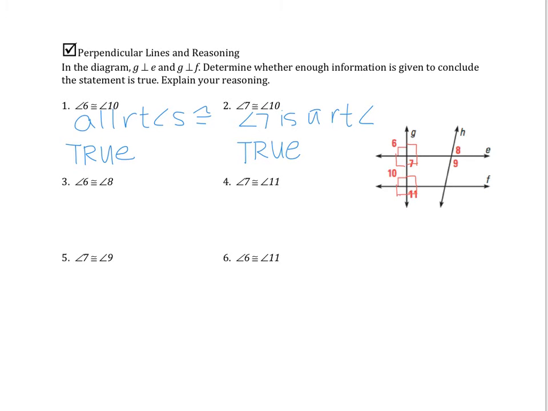It might be helpful if you put the little right angle indicator at all four angles so that you don't forget about perpendicular lines creating four right angles.